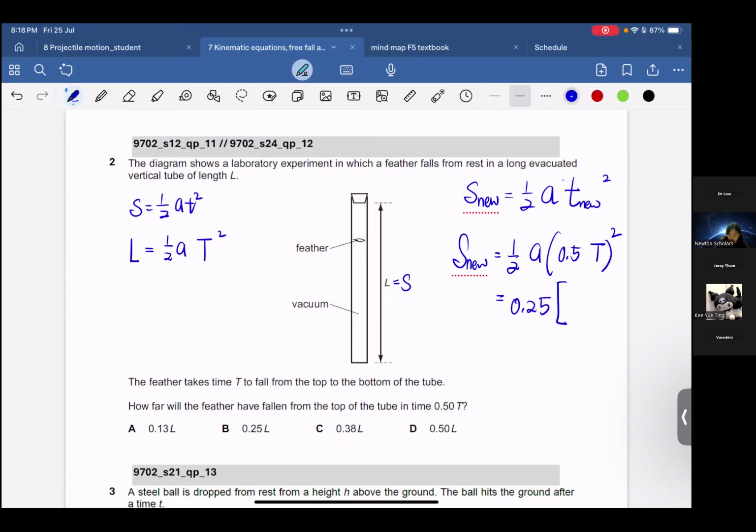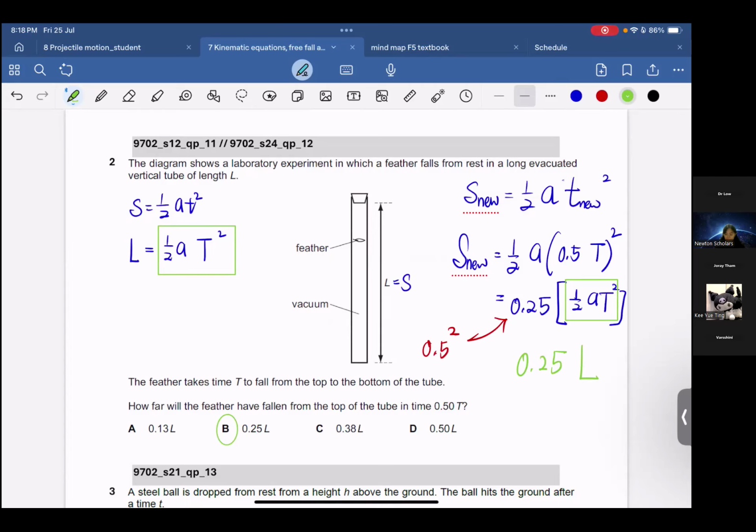Then 1 over 2 at squared. You see this one is just now the L. So here will be 0.25 L. So the answer will be B.